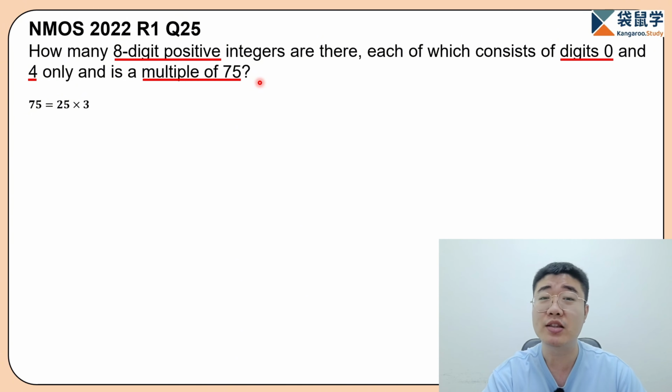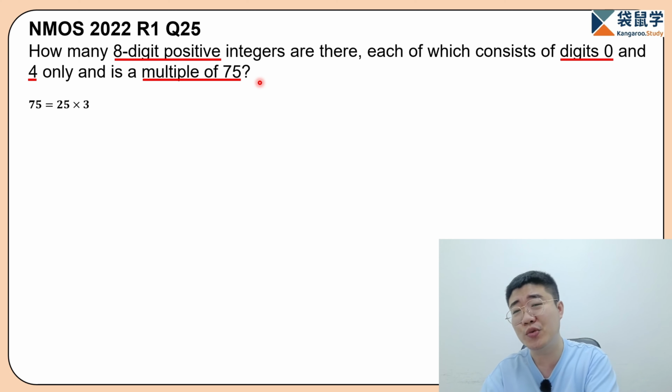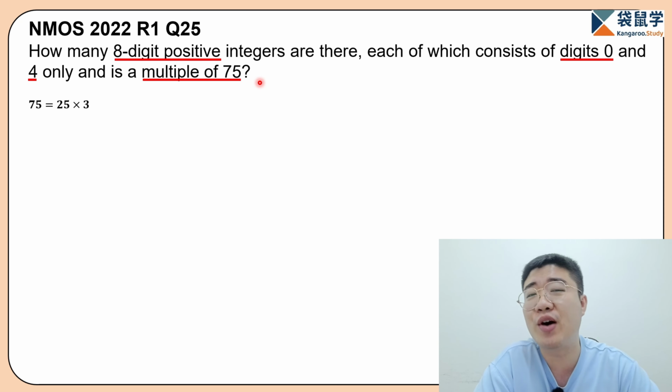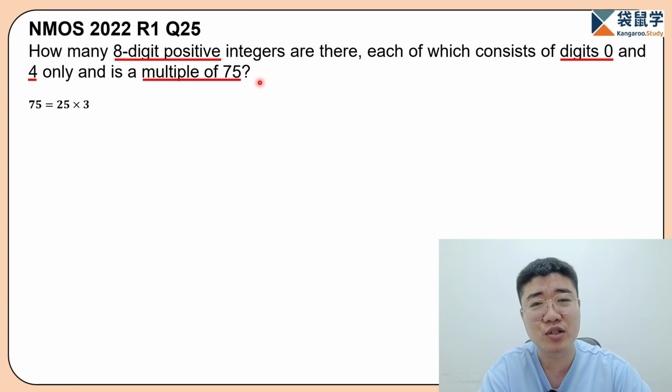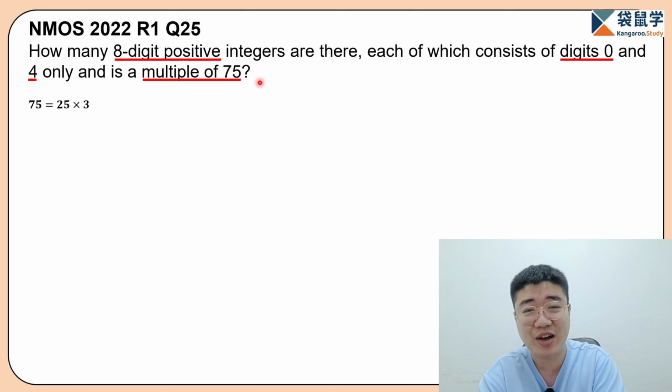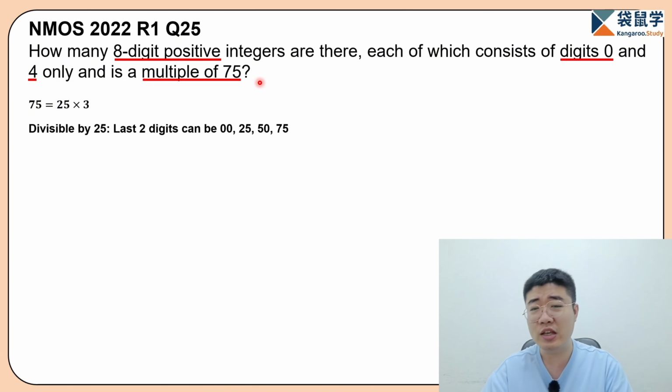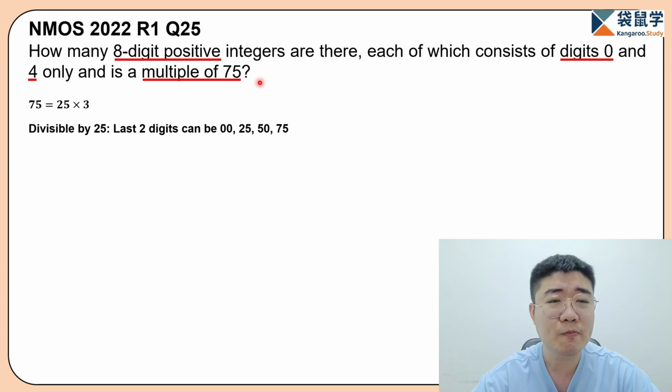What type of numbers are divisible by 25? We're going to know that these are the numbers where the last two digits are divisible by 25. And the next question for us is, what can be the possible last two digits? If it is divisible by 25, it can be 00, 25, 50, and 75. So these are possible numbers we can choose for the last two digits.